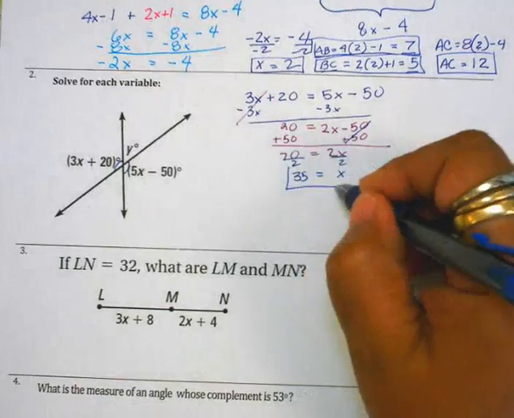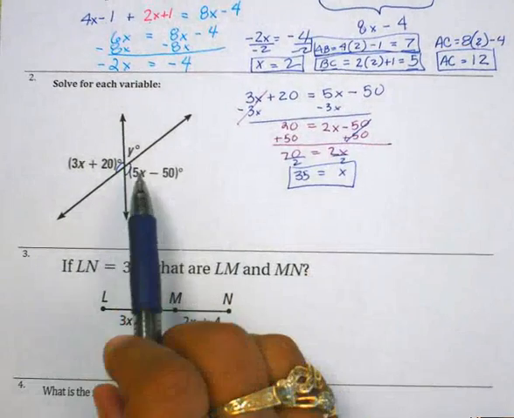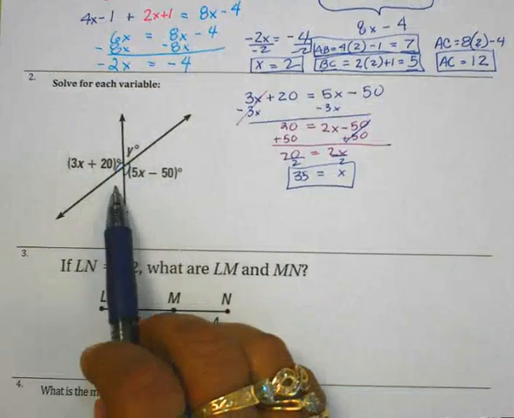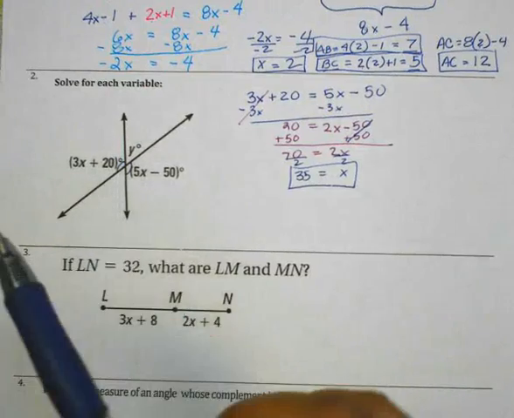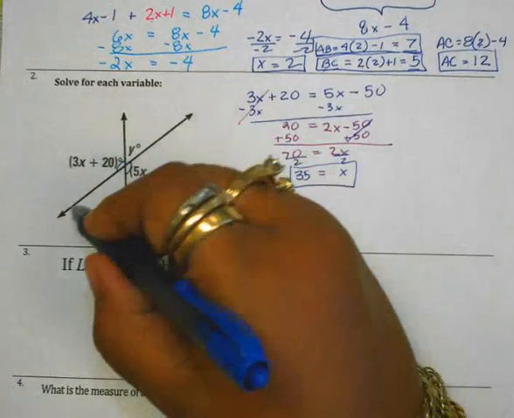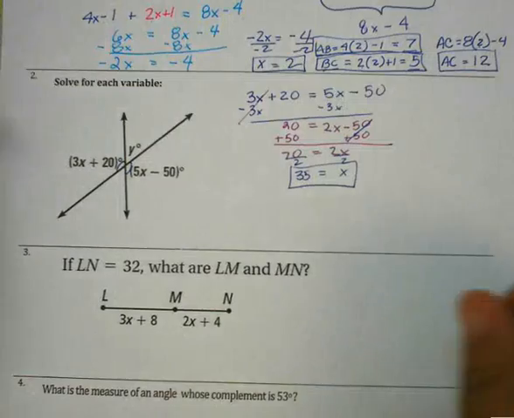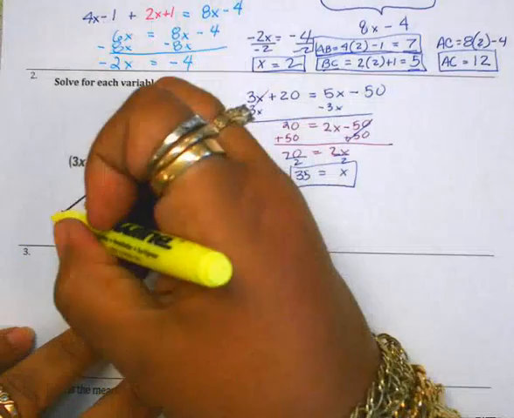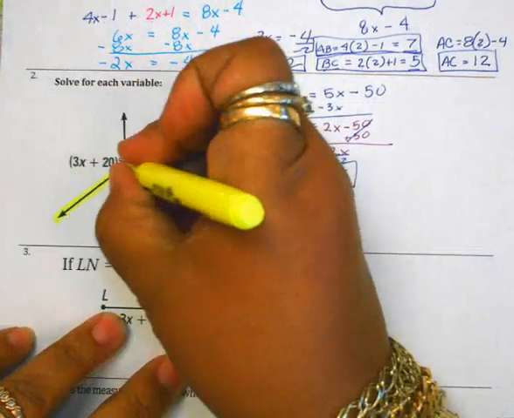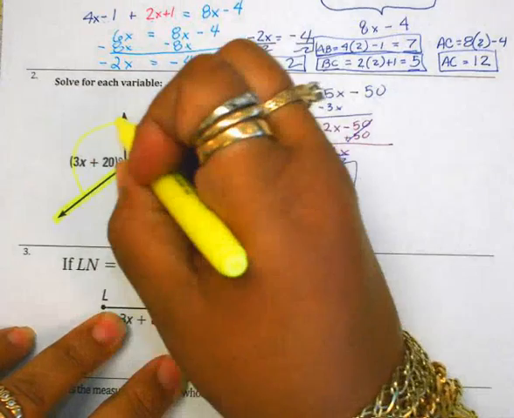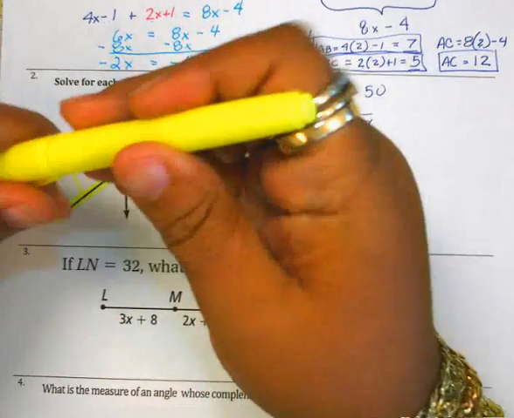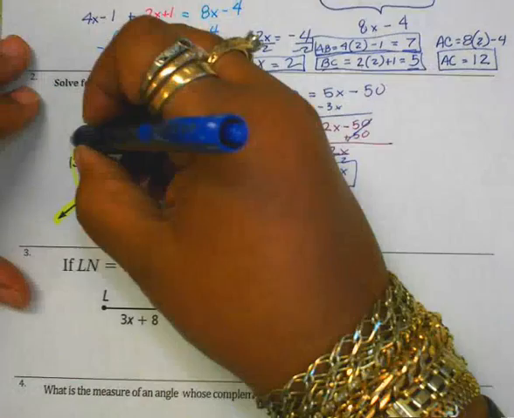So we got one variable. Well, there's nothing over here to compare with this y, but I do know that this angle here, this is awesome, because this is a straight line. So these two angles are a linear pair. That means they have to add to 180.